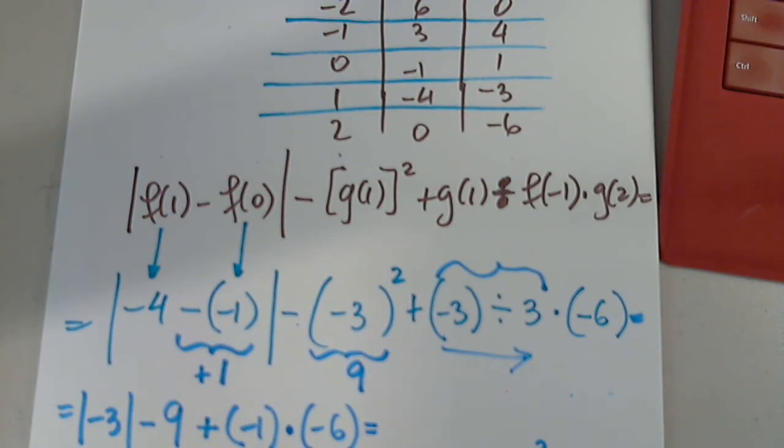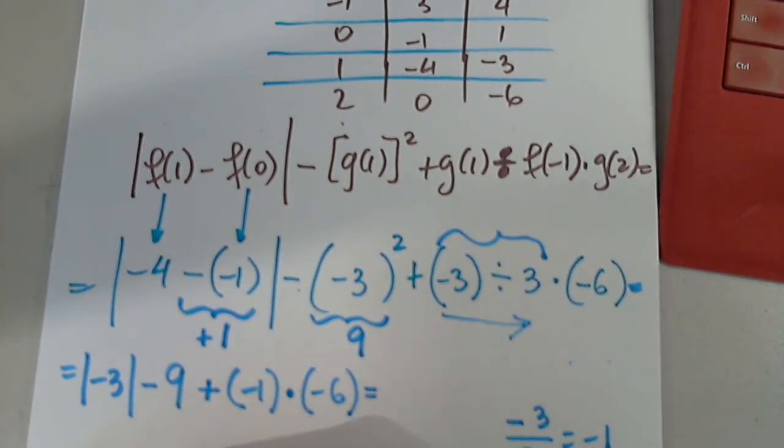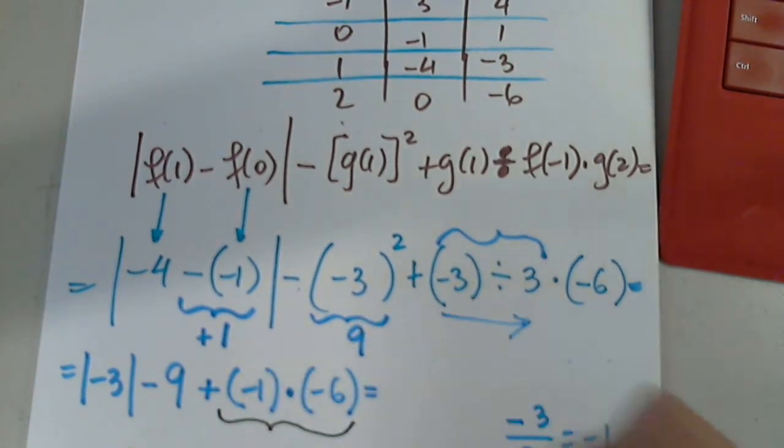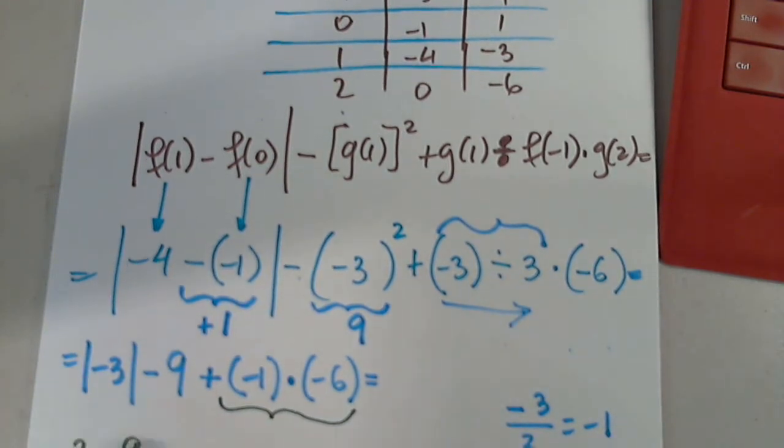Now I go back from the beginning. I see the negative 3 in absolute value is 3. Negative 9 cannot be changed. But at this point, I have to perform this multiplication. And when I multiply negative 1 by negative 6, I looked at this and I said negative 3.